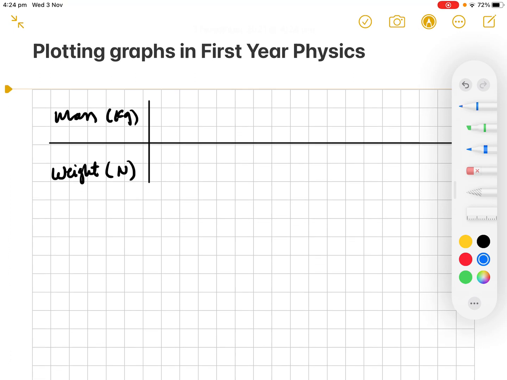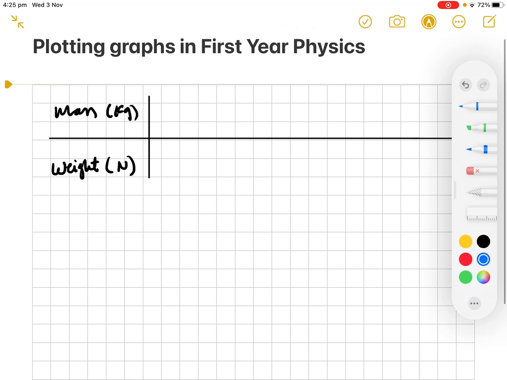Well, let's imagine then that I've gone to a particular planet, I won't say at the moment which one, and I've taken a selection of masses available to me, and I've taken a spring balance to weigh them on that planet. And here are the results of my experiment.